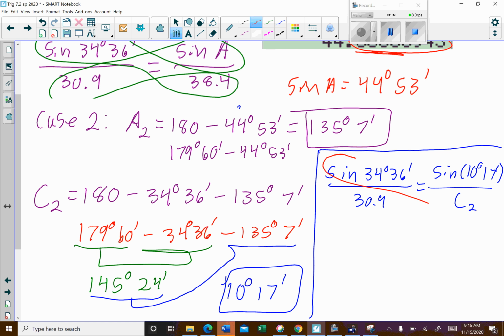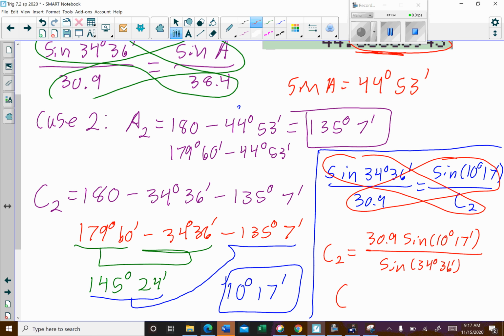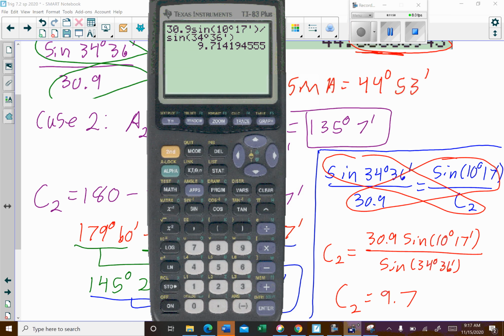So now, once again, we'll do all this cross multiplying and dividing. So I came up with, if we round that, 9.7. So C2 is going to be 9.7.